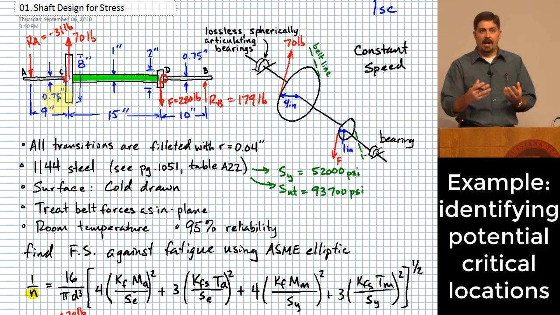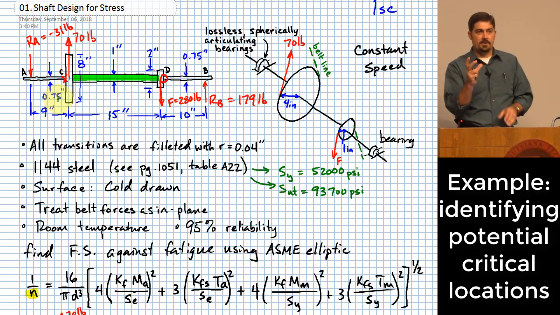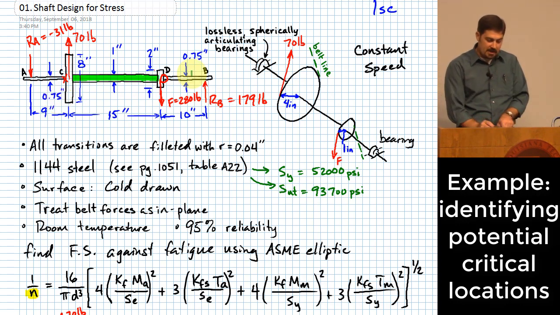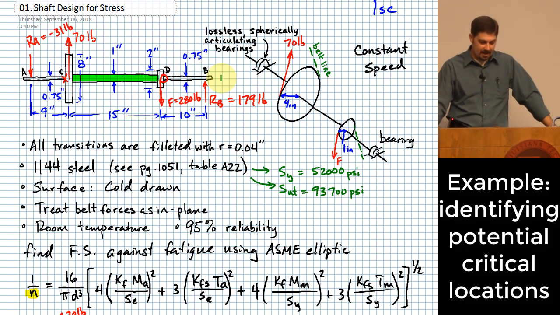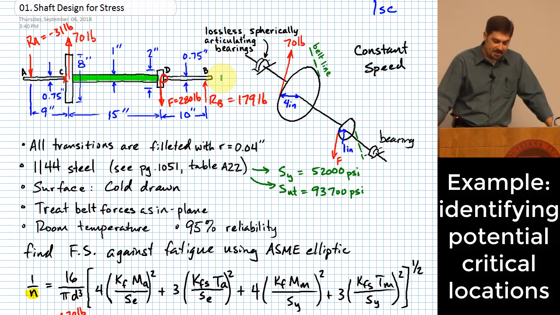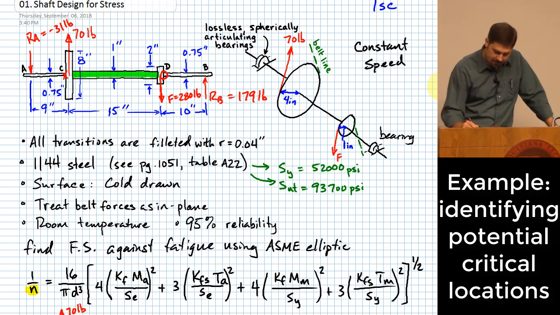Because it's MC over I, and C and I, those two values in the flexural stress formula, are both functions of how big the shaft is, what the diameter of the shaft is. And because those sizes are the same, AC and BD, that allows me to do some logic there and say I know that it must be D that would have the problem first. Okay? All right, so we dealt with it to the right of component D and to the left of component C, and we're saying it's always going to be there to the right of component D.